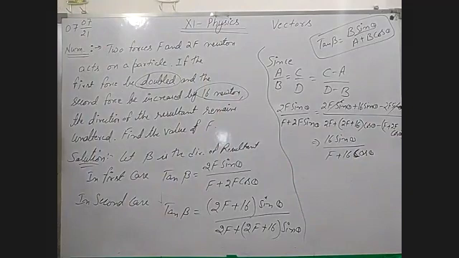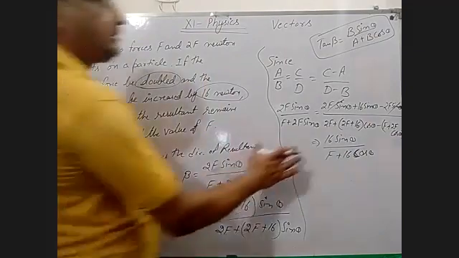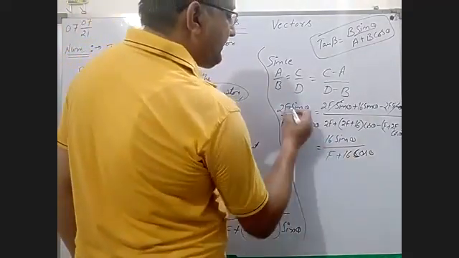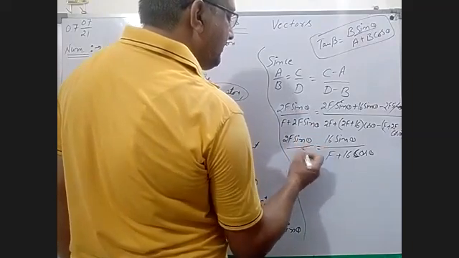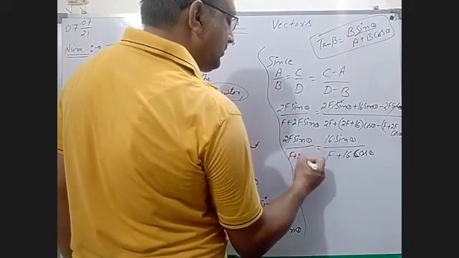Now from here, on the left hand side, you have 2F sine theta upon F plus 2F cos theta.